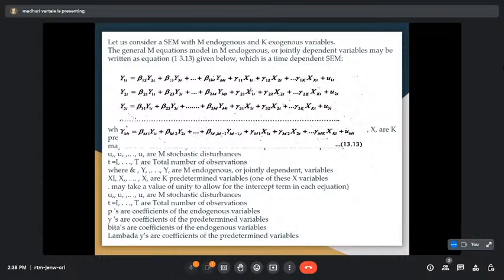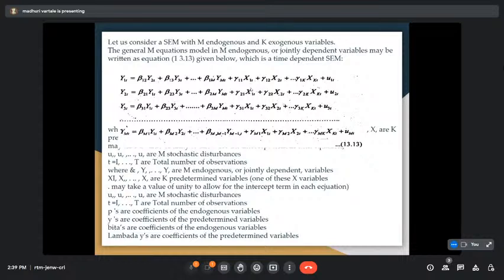Then y are the endogenous factors, jointly dependent variables, and x, or we can say k, are predetermined variables. One of these x variables may take a value of unity to allow for the intercept term in such equations. So u are the stochastic disturbances, and T is the total number of observations.